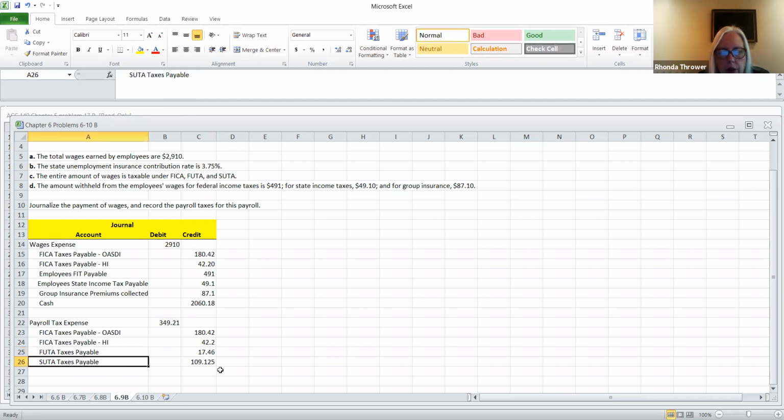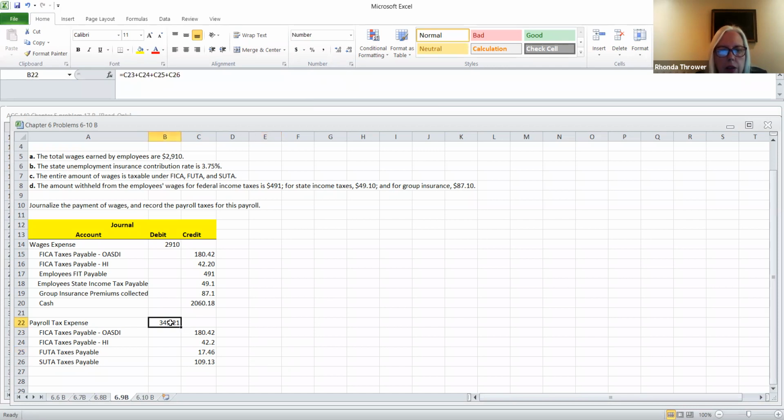And we have a credit to SUTA taxes payable for $109.12, which you should go ahead and round to the nearest cent.